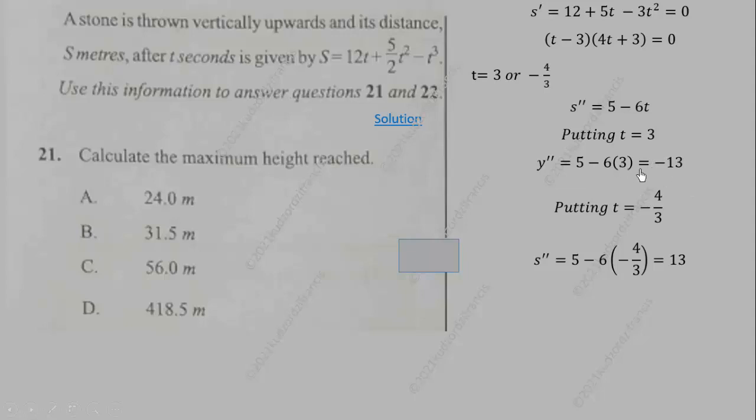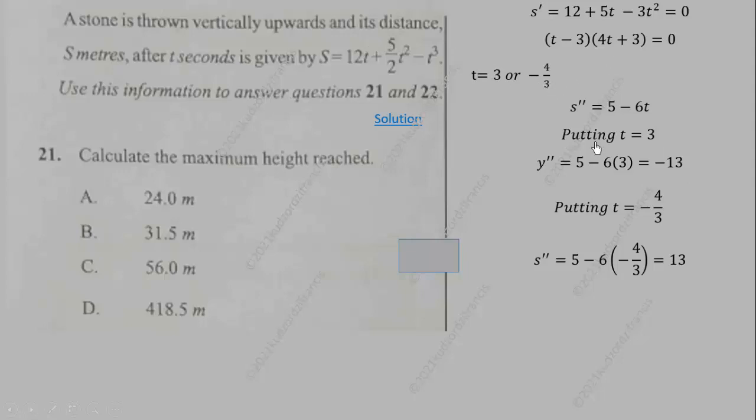at time t equals 3, the stone is at its maximum because it is less than 0. When the second derivative is less than 0, it means the distance is at its maximum, or in this case, displacement is at its maximum.